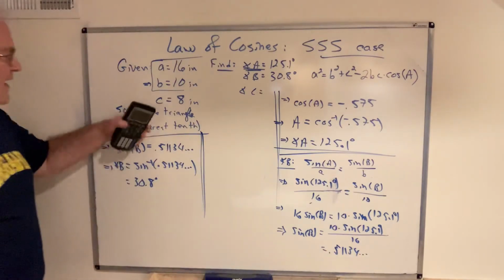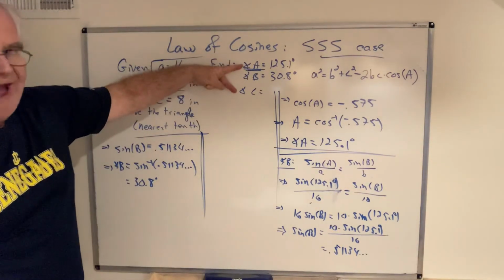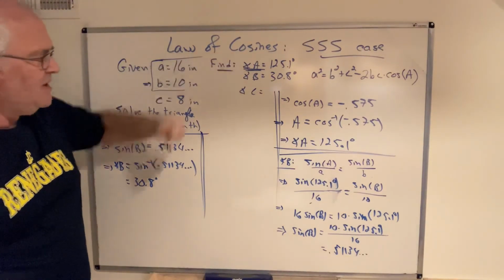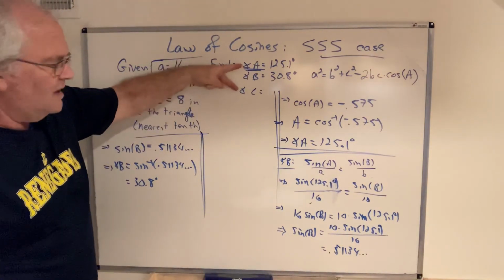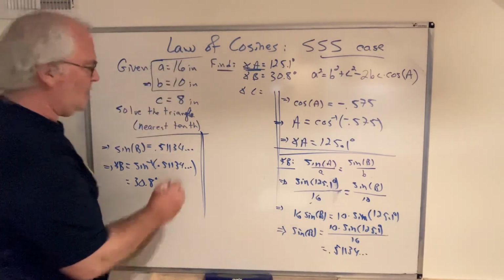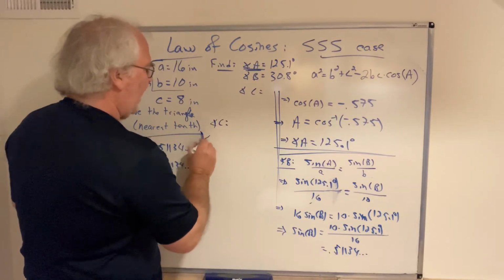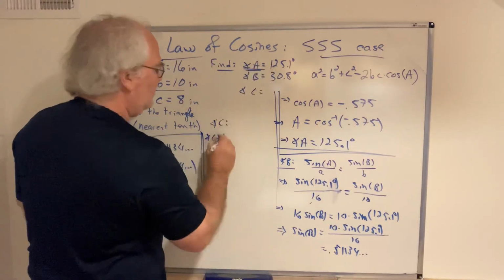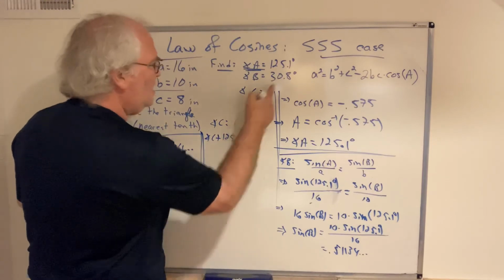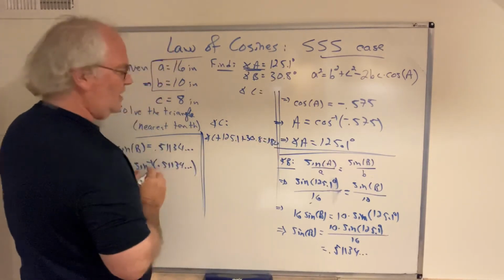And now to find angle C, well, look, we know two of the angles. We know the three have to add up to 180. So the simplest thing to do is to subtract from 180. So angle C plus the 125.1 plus the 30.8 has to equal 180 degrees.